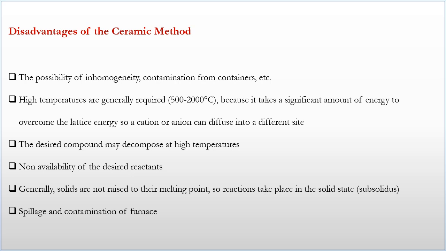There is a chance of contamination from the containers, especially for reactions carried out at very elevated temperature, because some of the material of your reactant or product may seep into the fine pores of your container at such high temperature, or something from the container may leach out into your reactant and product.